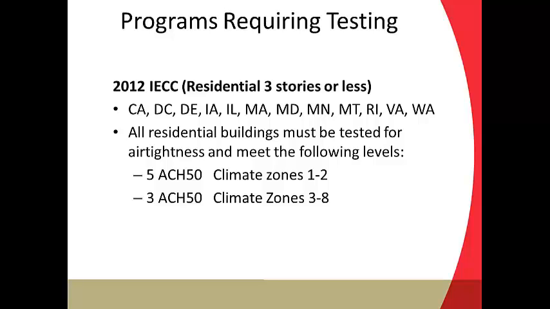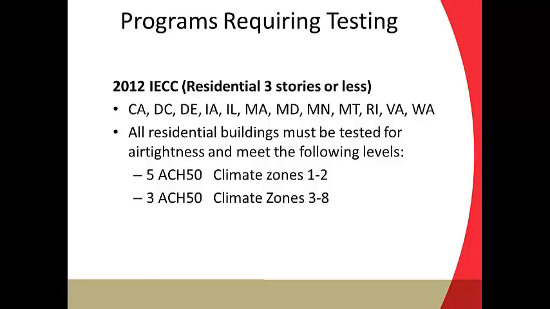And most of the United States is in climate zones 3 through 7 actually, and that's at 3 air changes per hour. And there are small parts of the country, in the very southern tips of different states, that are in zones 1 or 2.